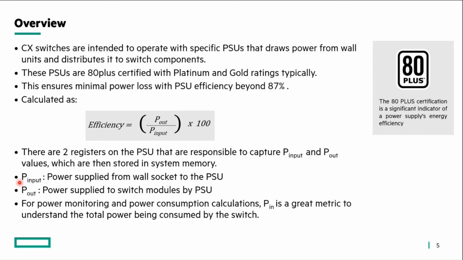As I mentioned above, P input signifies the power supplied from the wall socket to the PSU, while P out is the power supplied to the switch modules by the PSU itself. So for power monitoring and power consumption calculations, if you think at an in-depth level, the P input value is a great metric to understand the total power being consumed by the switch.